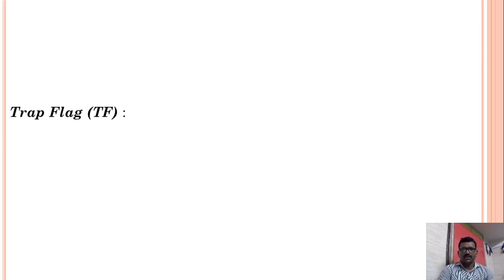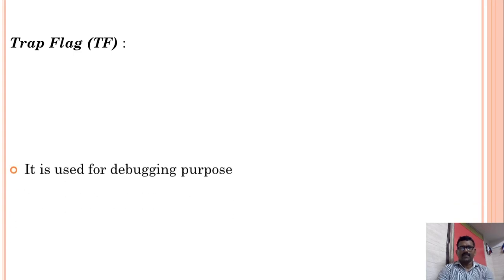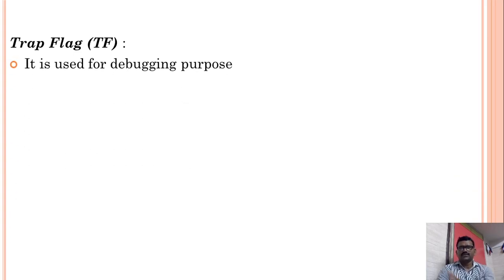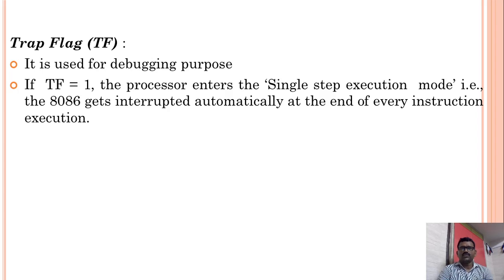Coming to the last flag, that is trap flag. Trap means diverting, like a diversion, right? Here, this flag is used in debugging. If the trap flag is equal to 1, then the microprocessor will execute only one instruction and wait for the input from the user, right?